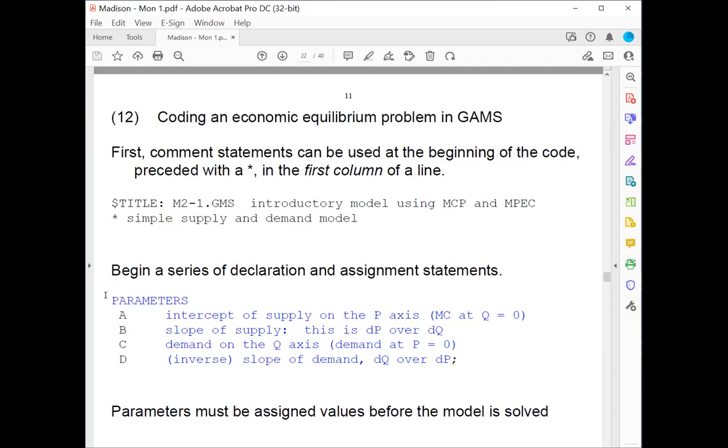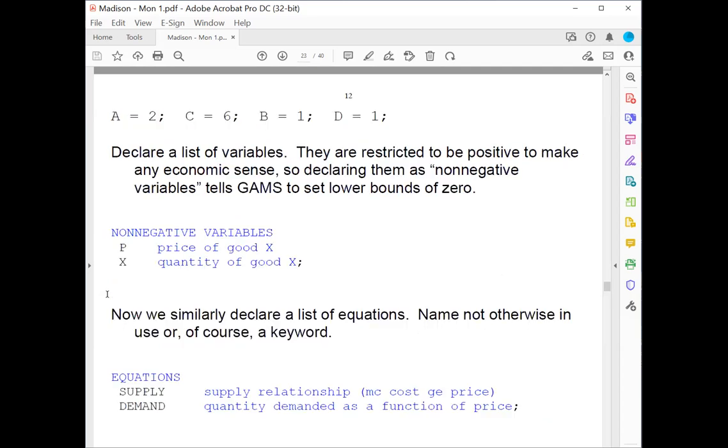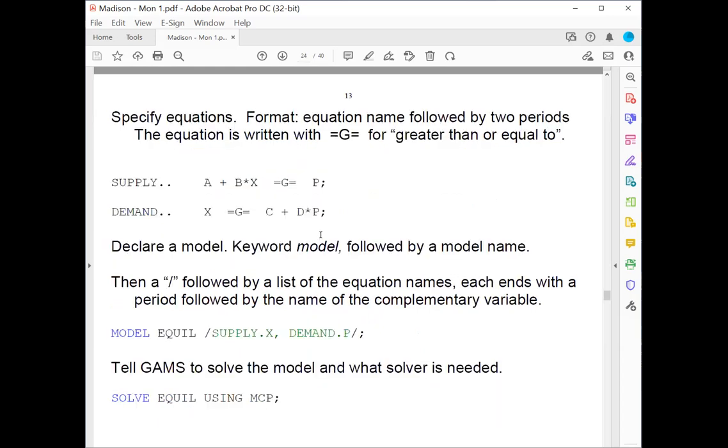Time. So there's 4 parameters in the model. And then you can use the slash notation to assign initial values, or you can just say equals, semicolon. 2 non-negative variables. NLP is not useful in this problem. 2 equations, supply and demand.